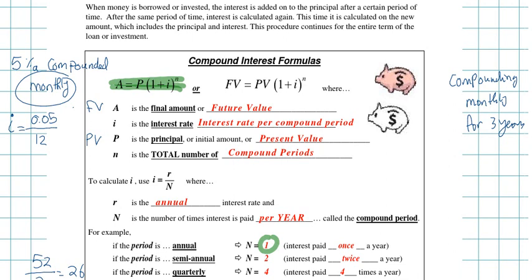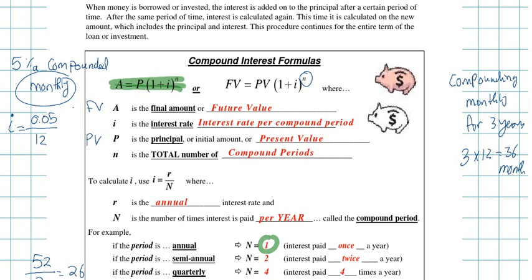It has to be in months. I can't plug in 3 because that's in years. So I have to multiply 3 years by 12 to get 36, and that would be 36 months. Then I can plug in that 36 for N. Now, if it's bi-weekly, then you multiply that 3 years by 26.